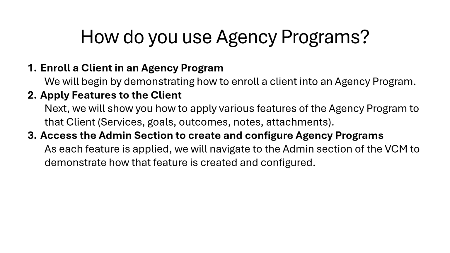And then finally, we'll access the admin section of the VCM to create and configure agency programs. As each feature is applied, we'll navigate to the admin section of the VCM to demonstrate how that feature is created and configured.